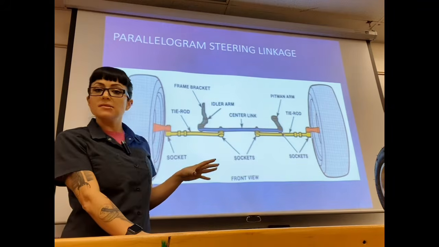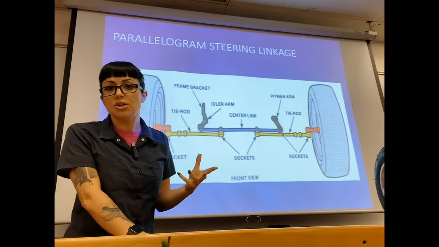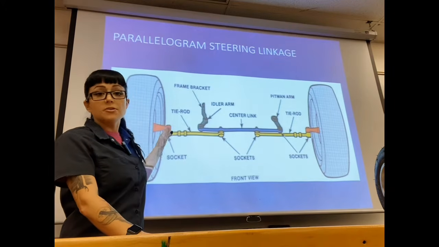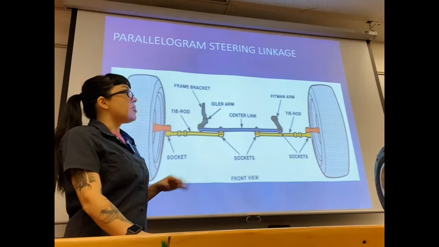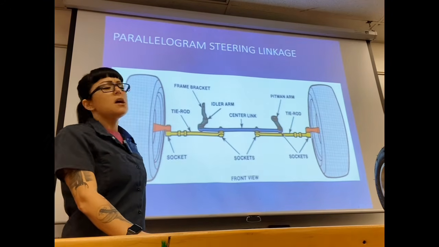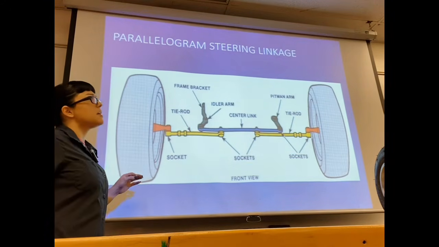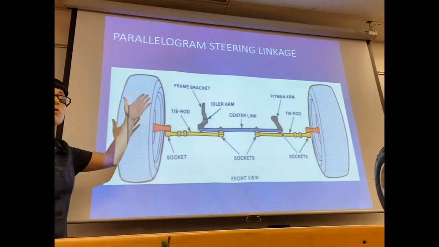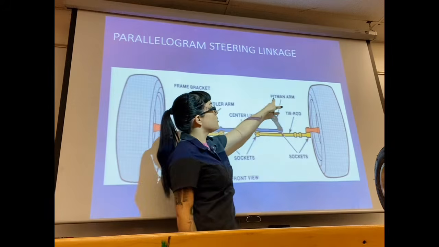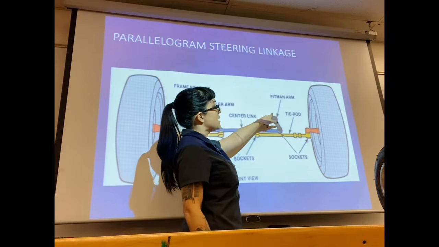Now, a gearbox design requires a lot more linkages, all kinds of connections to go out to our wheel hubs or our steering knuckles. And this is just a common design. There is more than just this one, but a common one that uses a steering gearbox is going to be a parallelogram type linkage. So what we're missing here is our gearbox. Our steering gearbox would sit right here.